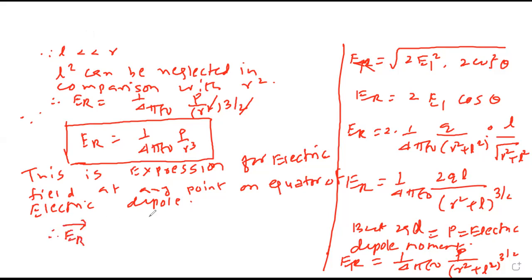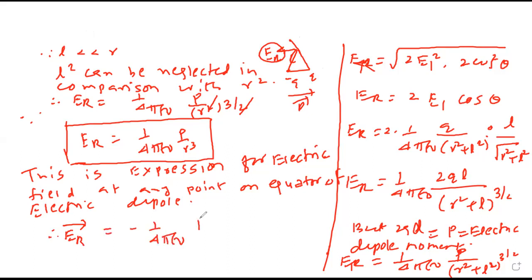What is the direction of the resultant and p vector in our diagram? p is from minus q to plus q, and this E vector was directed opposite, right? So what is the angle between E vector and this p vector? 180. Yes.